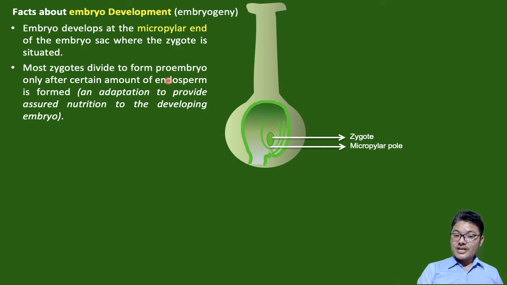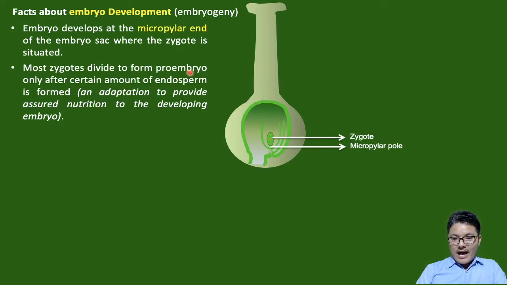Now in plants, in order to form proembryo from zygote, we should have certain amount of endosperm. Endosperm will be nourishing the zygote, and in a way it will undergo mitosis and cell differentiation to form proembryo, which will be developing into embryo, and later on there is formation of seed. So it is adaptation in plants that first there is formation of endosperm, and after the development of endosperm, then there is development of embryo.